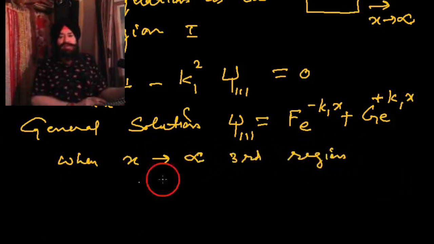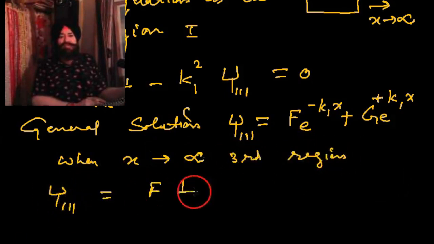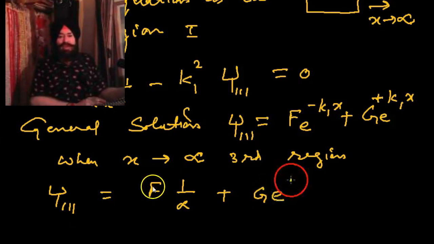Again, psi 3 is a well-defined function. So x, because it is the right hand side, region 3, and in region 3 x tends to infinity. So F e raised to power minus k1x means it is in the denominator, 1 upon e raised to power k1x, and x tends to infinity.